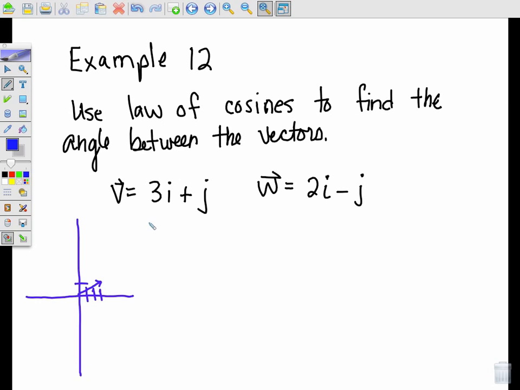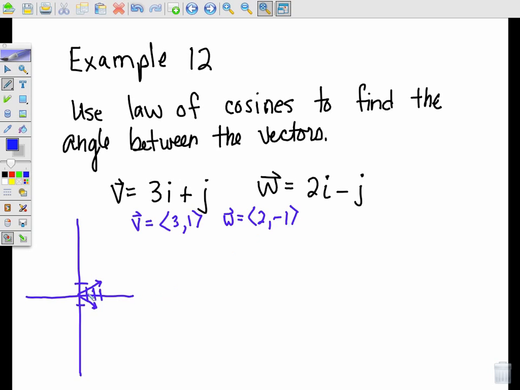So the component form for vector v would be 3, 1. And then I've got the vector 2, negative 1. And so vector w's component form is 2, negative 1.